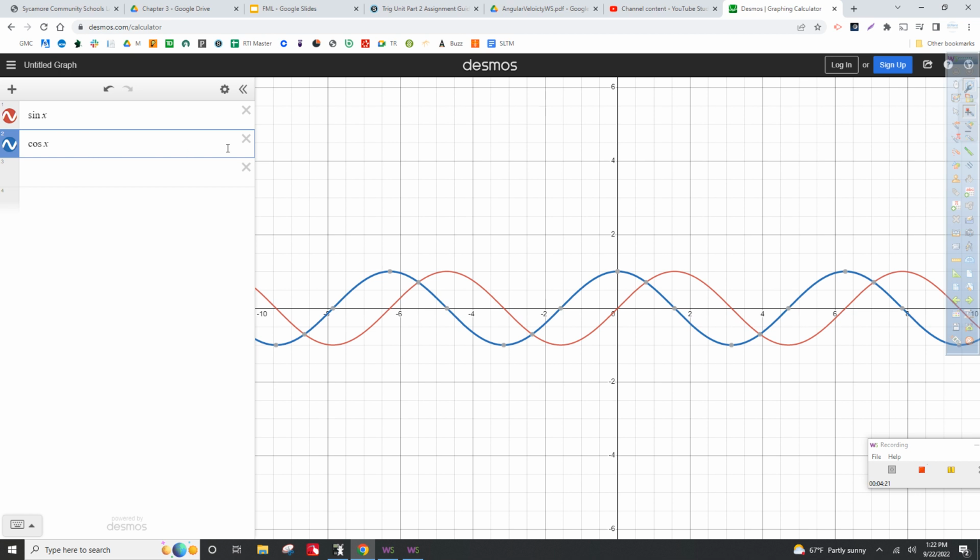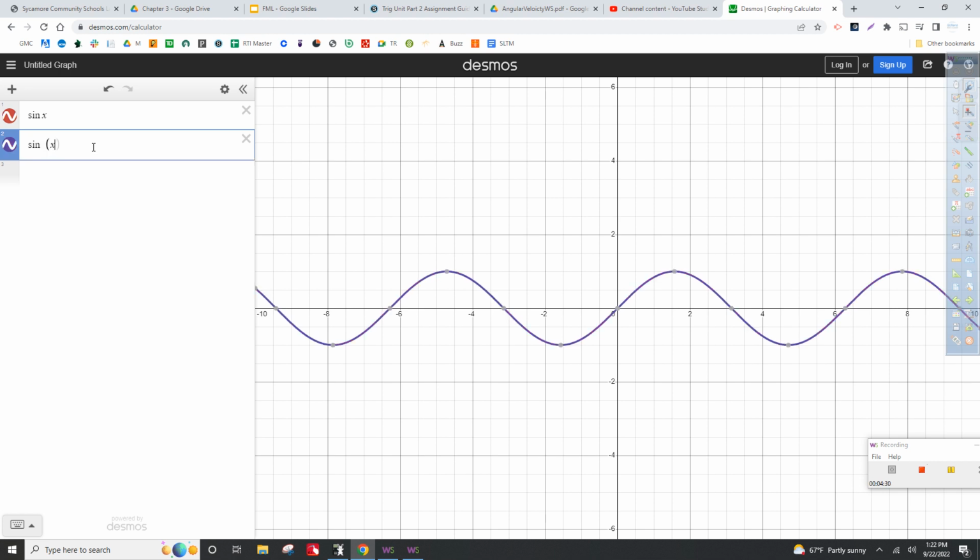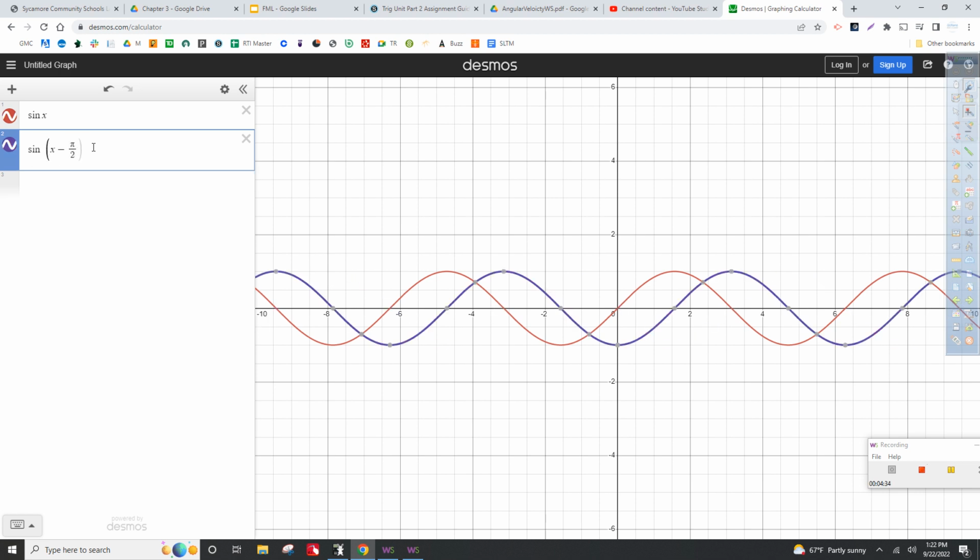Now look, let's look at sine of x, and then let's look at sine of x minus, just type in pi. Okay, well that looks awful familiar. Now what if I did this?